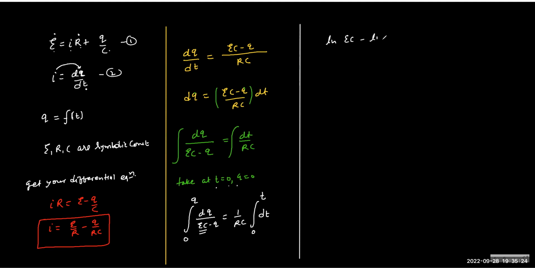Log EC minus log of EC minus Q. EC minus Q is equal to t by RC. Yeah, that seems correct. Maybe this is EC minus... I think minus. Okay, you missed the minus part. Anyway, quite close.